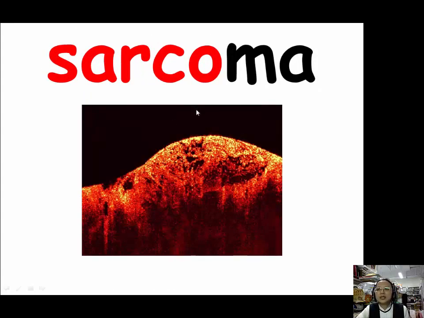And for sarco, our example is sarcoma. Sarcoma is a type of malignant tumor of the bone, cartilage, fat, muscle, blood vessels, or other connective or supportive tissue. This picture shows an optical coherence tomography, abbreviated as OCT, picture of a sarcoma.